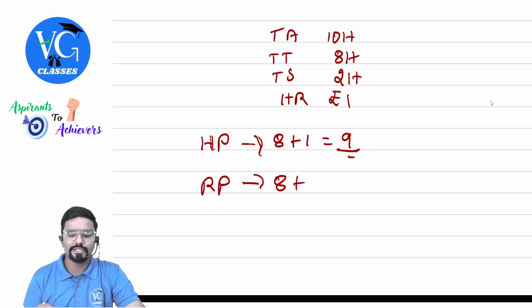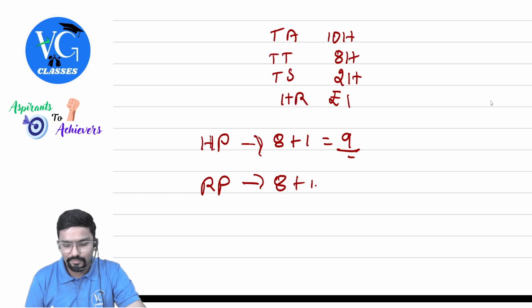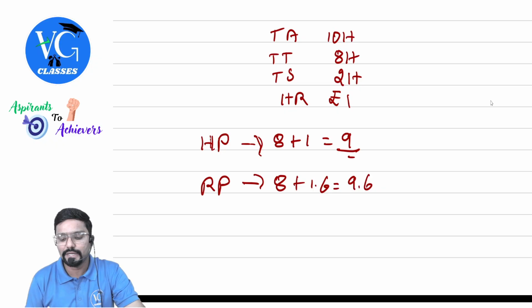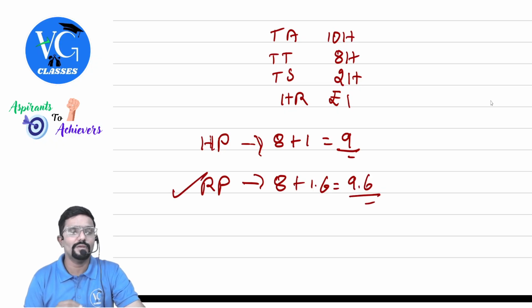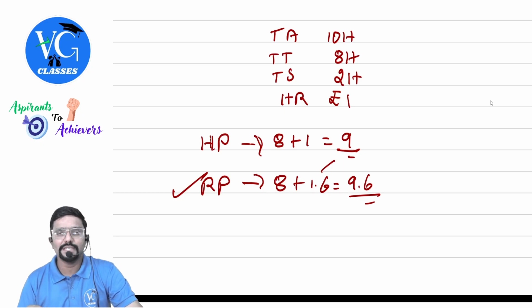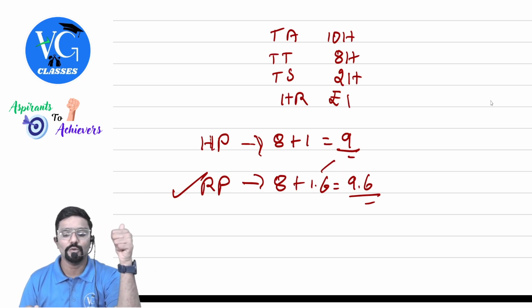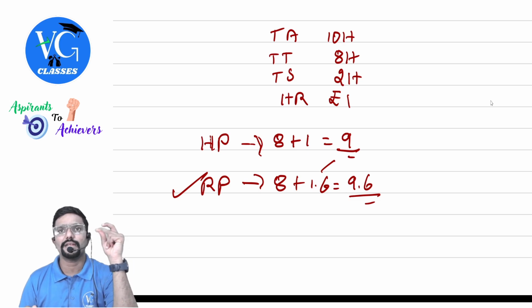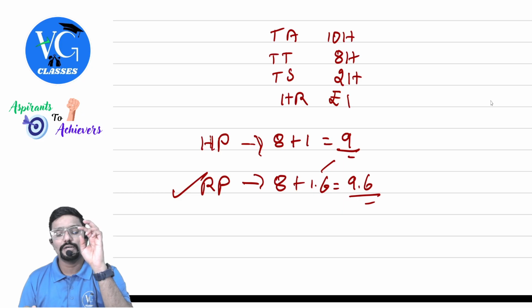How much? 1.6. So it is coming to 9.6. So earning under Rowan will be more. I repeat, how did I get 1.6? Time saved, which is 2, divided by time allowed, which is 10, into time taken, 8, into 1.